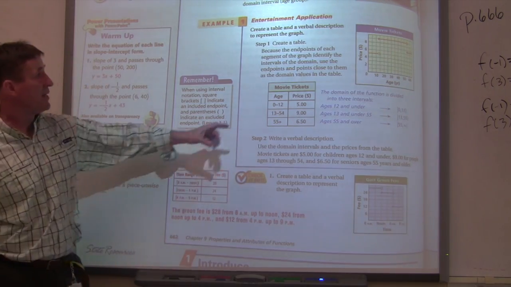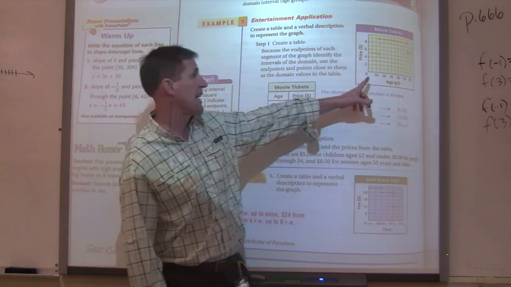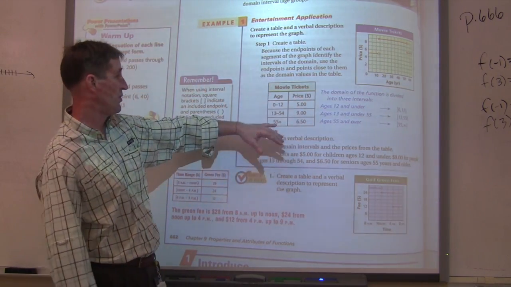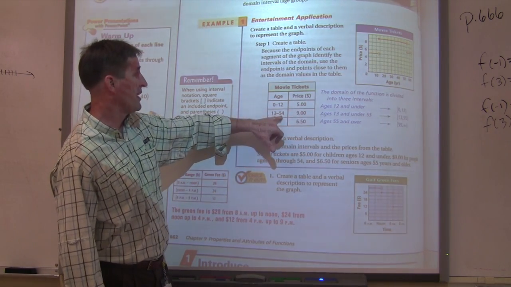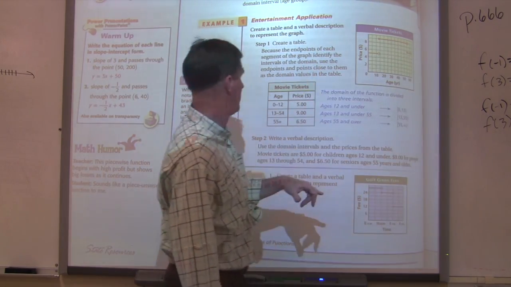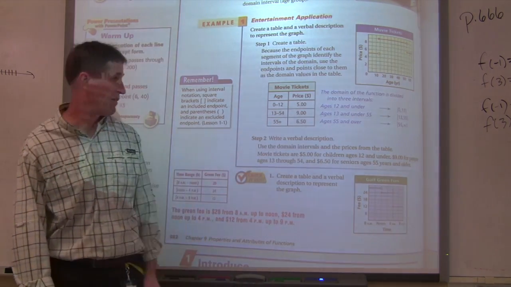And so the table looks like this. For the age, they did 0 to 12 again. You're just guessing here because you can't tell for sure. So whether you put 0 to 12 or 0 to 13, the price is $5. And then from 13, I guess it was 54, it's $9. And then at 55 plus, it goes to $6.50.